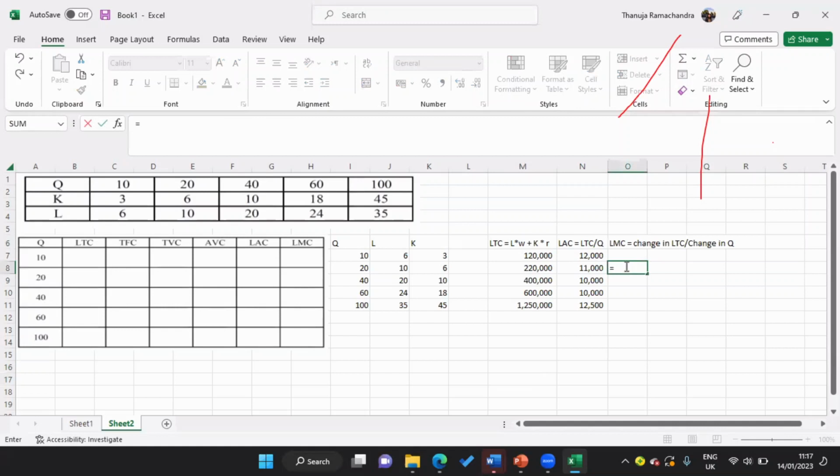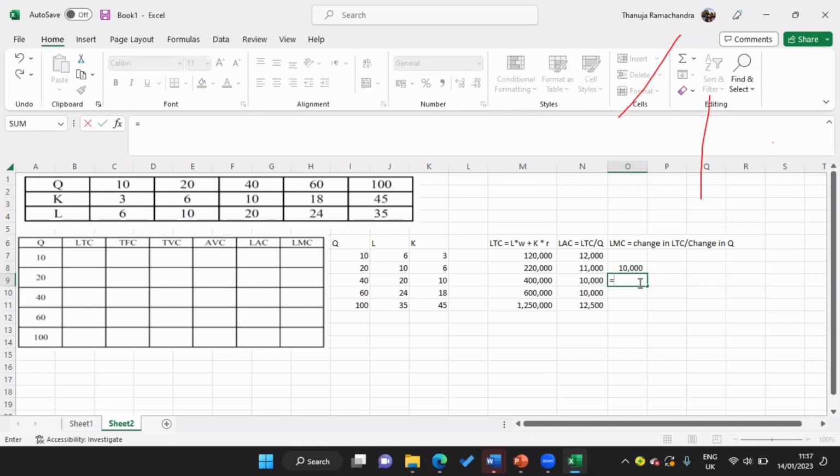So change in LTC: LTC 120 becomes 220, divide by 20, 10 becomes 20. Okay.